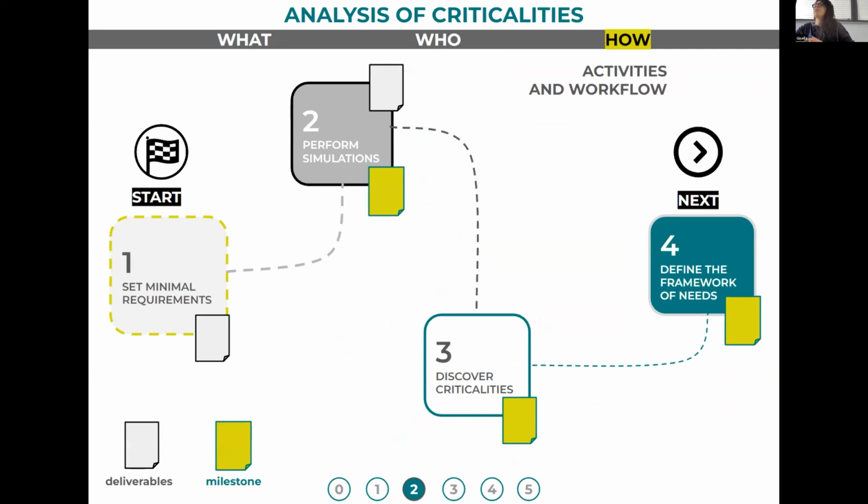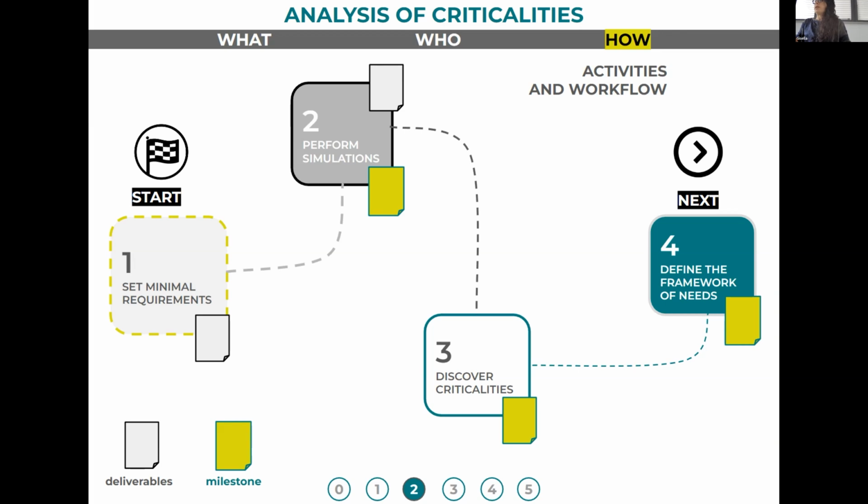Going to the how, we created, as you can see, something easier in comparison to the previous activity. These are the activities that can be performed in the Living Lab and the workflow. So the phase starts with the set of minimal requirements, goes through the performance of virtual simulations on the building.